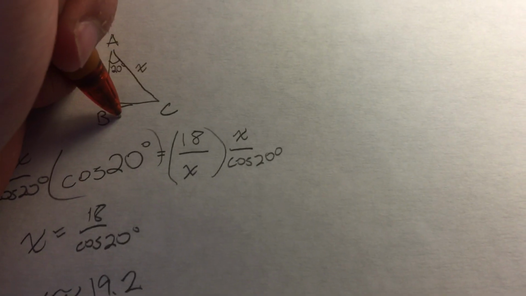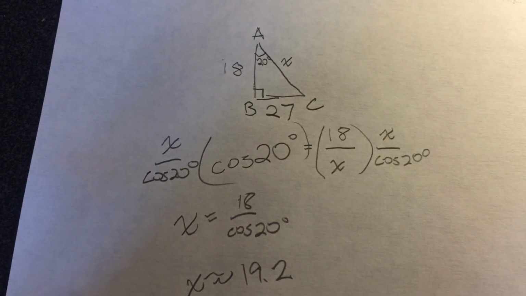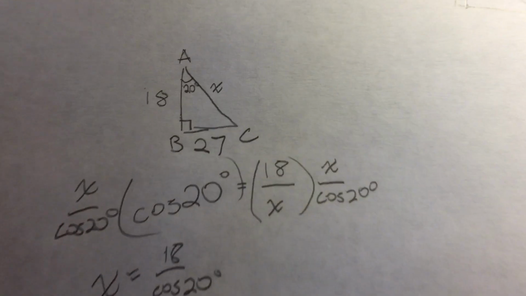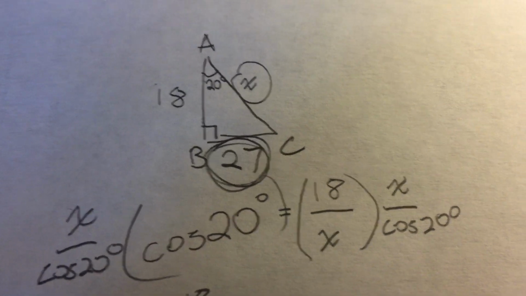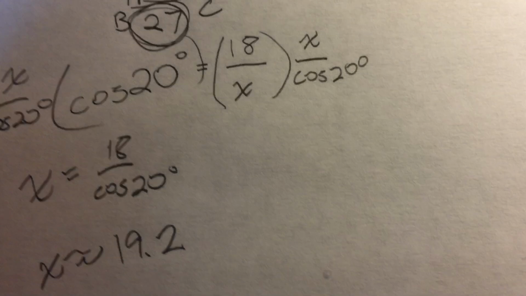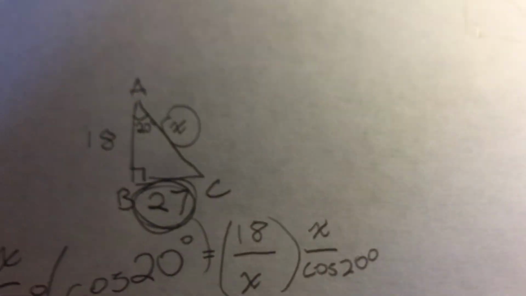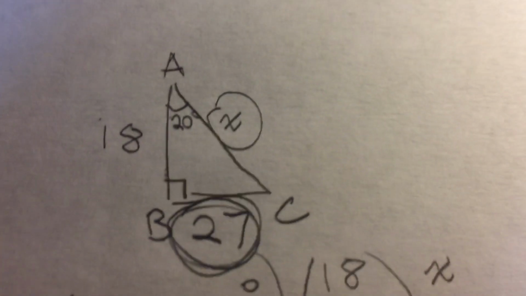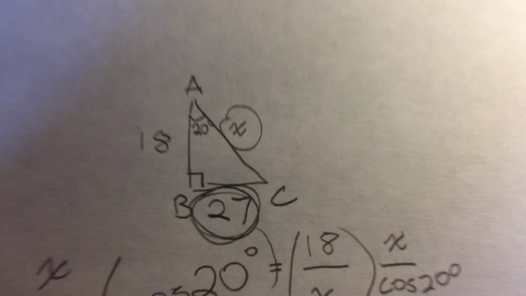Now let's do another one of those. Say this is like 27. What would you do to find x if you had to use 27? I'm gonna give you some time to think about that. Okay, what did you get? That's sine, and you should have got sine. If you didn't get that, you should probably look back at the other video, part 1.